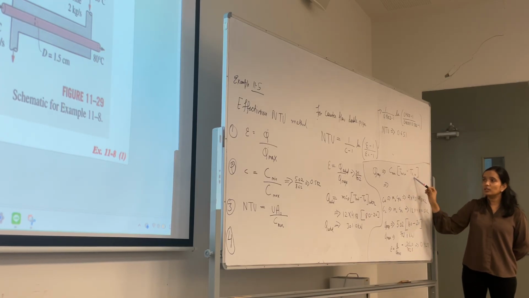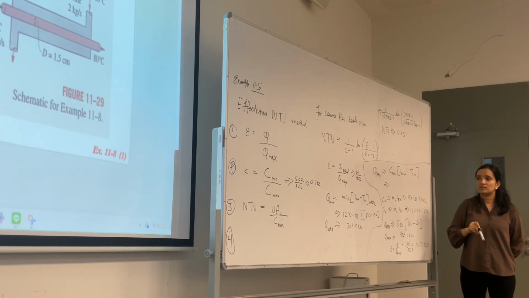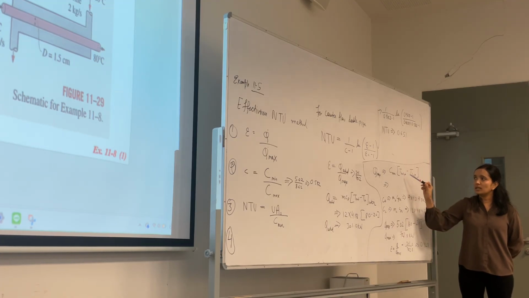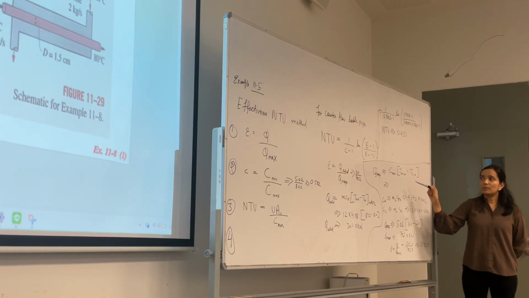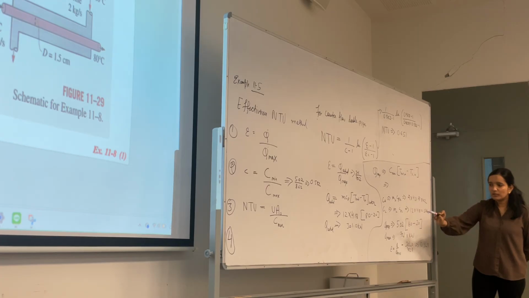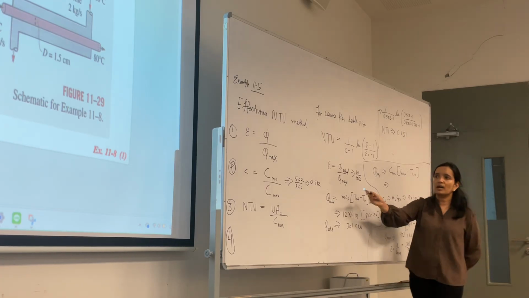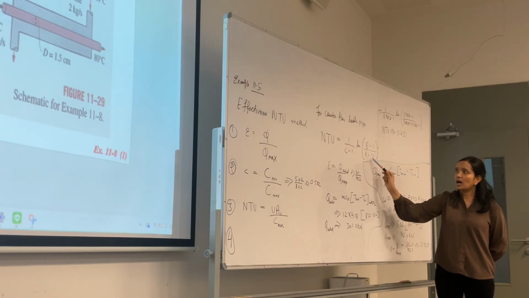Here as well, when you are calculating Q max, you need to write down the maximum temperature difference, that is hot in and cold in, when the temperature difference is the highest. Once you have Q and Q max, you have epsilon. I also don't have small c.